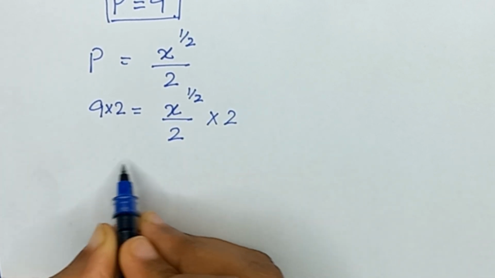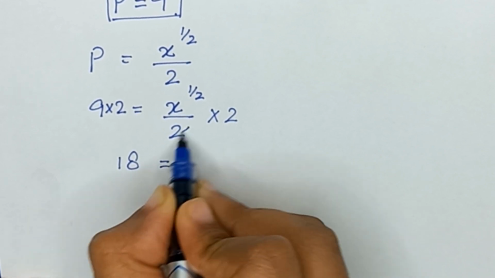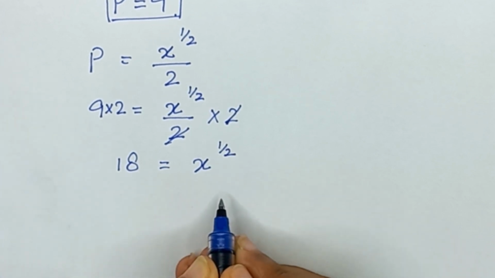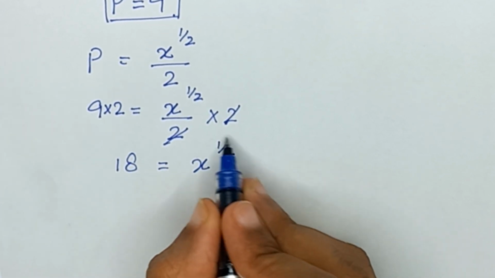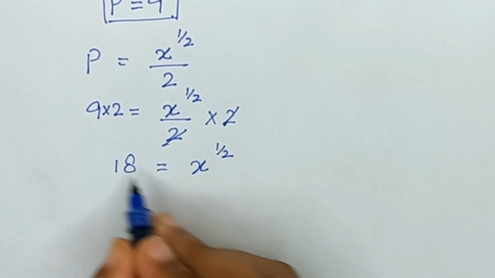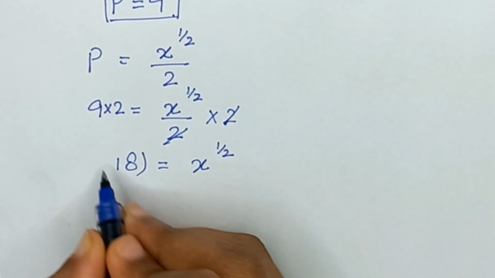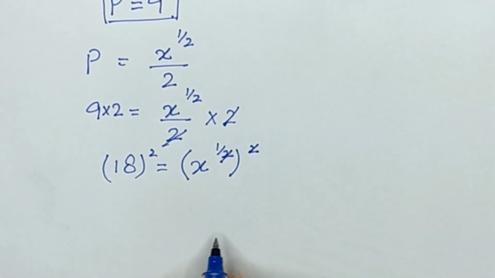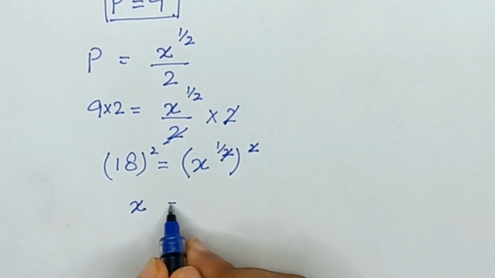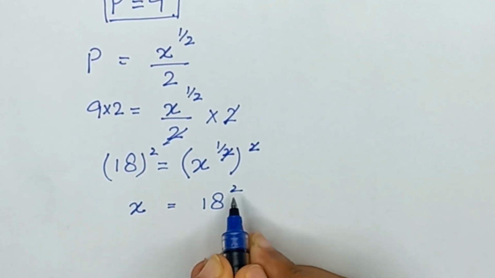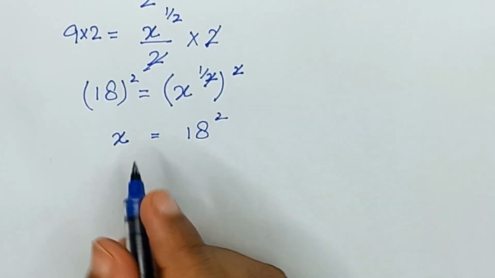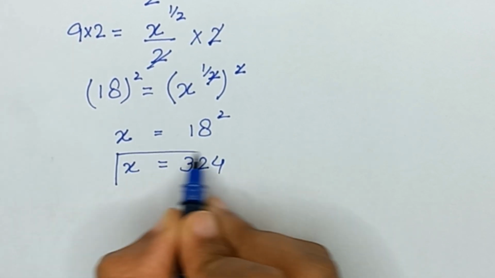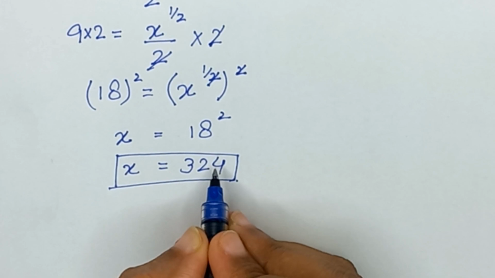So it will become 18 is equal to, this 2 and 2 will cancel out, x raised to the power 1 divided by 2. Now we will remove this power 1 divided by 2, so we will take the square on both sides. So the value of x is equal to 18 square, and 18 square is the same as 324. So the value of x is 324.